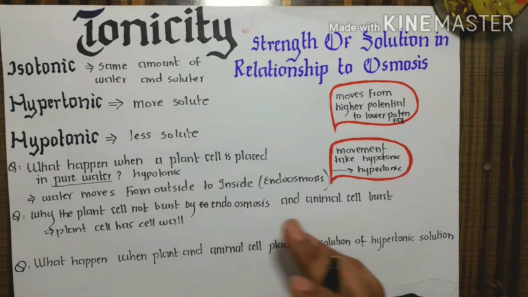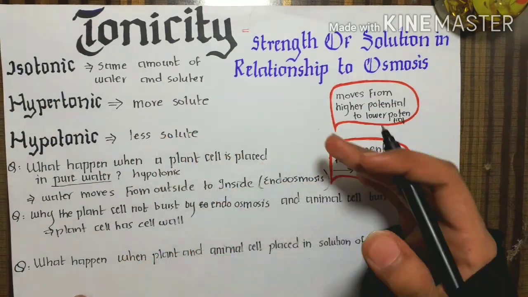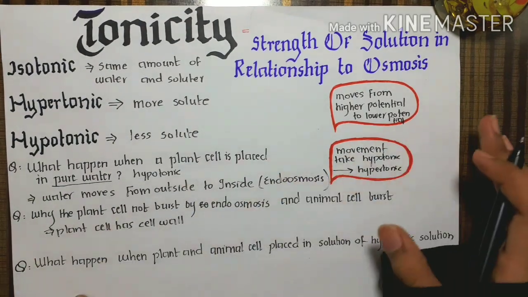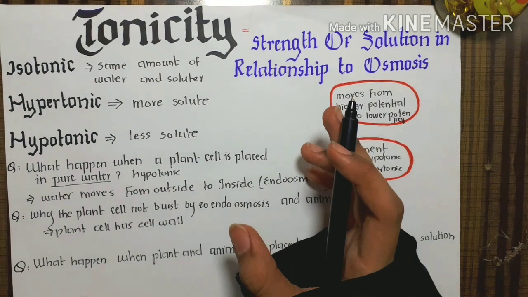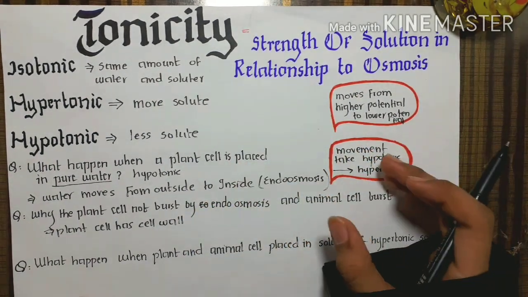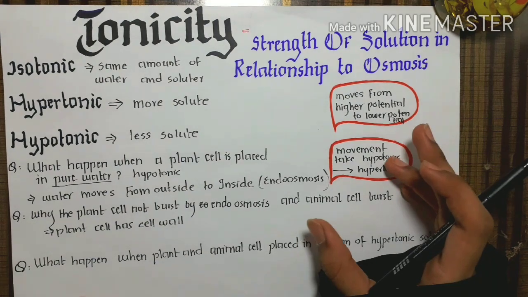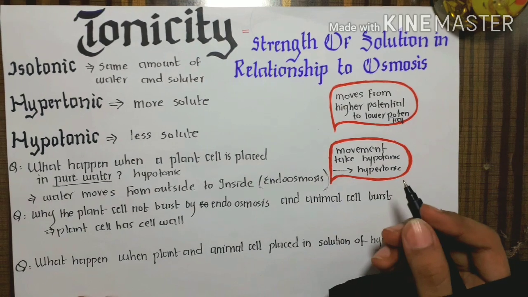When more and more water comes inside the animal cell, it eventually bursts. But in the plant cell, the internal hydrostatic pressure increases and resists the tension, and it stops the further inflow of water inside the cell.